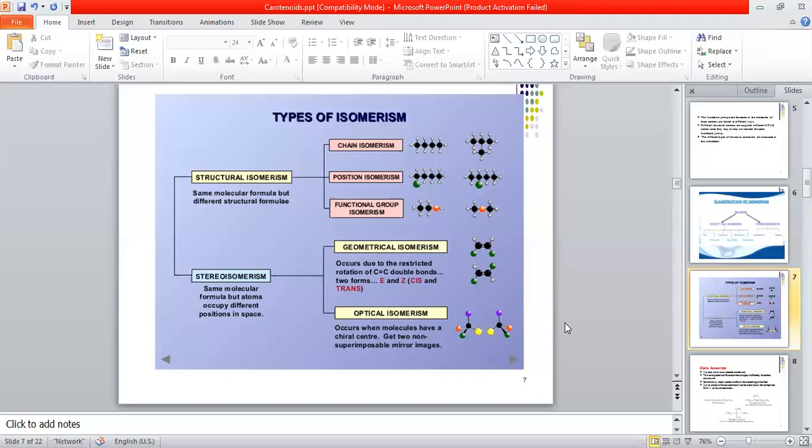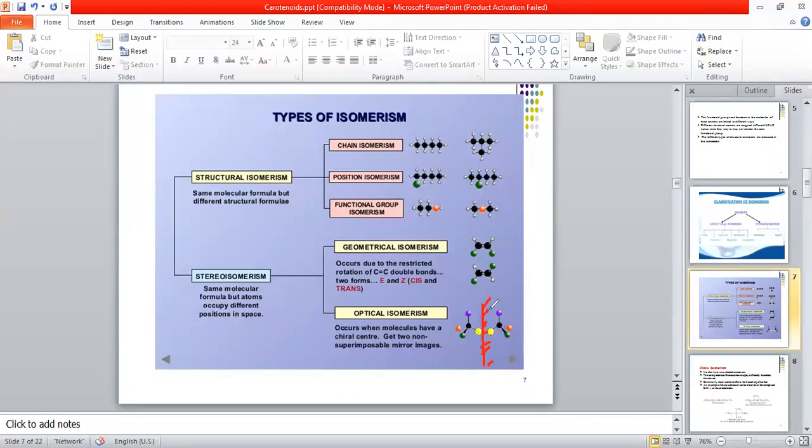So here in this particular example, suppose you have put one mirror on this side, one mirror image. Like that. And now this one is our mirror image.